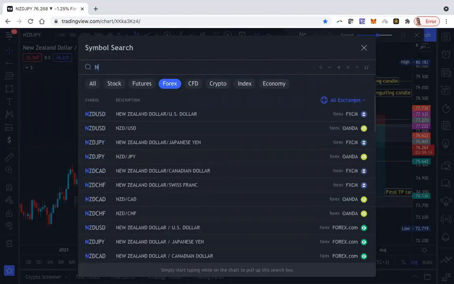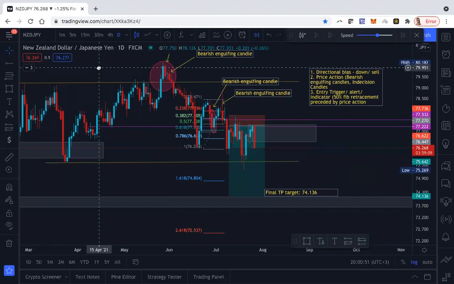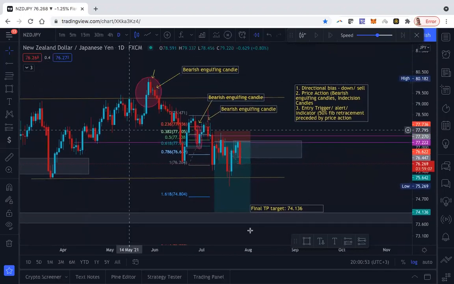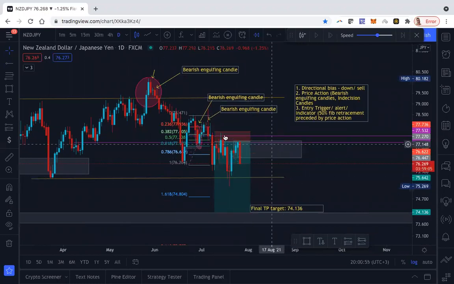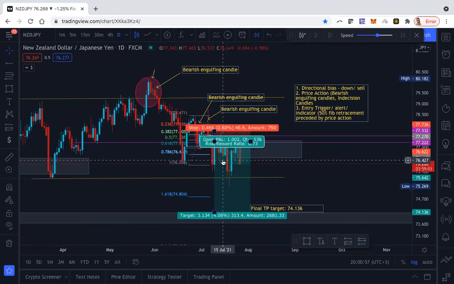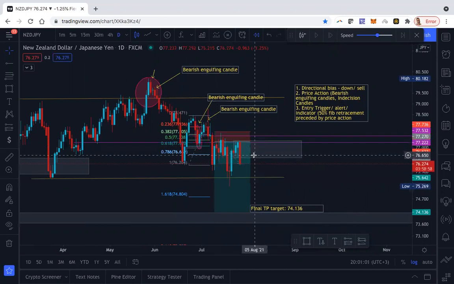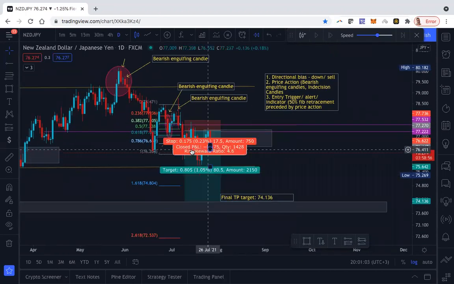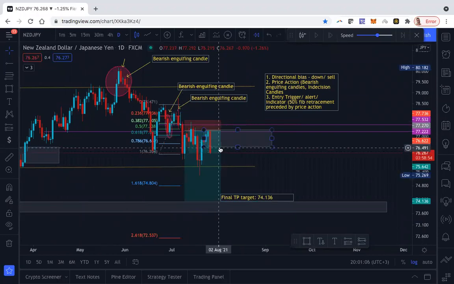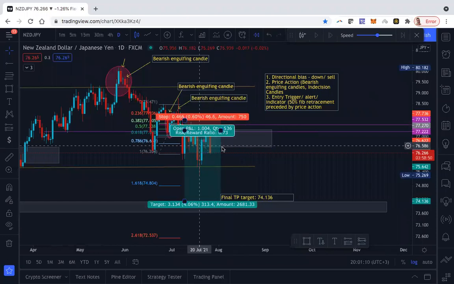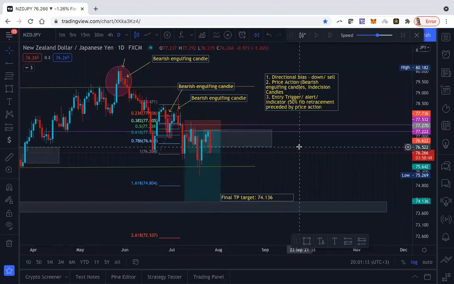Okay, it is typing now, and we can see this was my analysis. I backtested this pair for the month of July, from the beginning of the month, and I gave a potential breakout sell structure, a pending sell order at this level here.